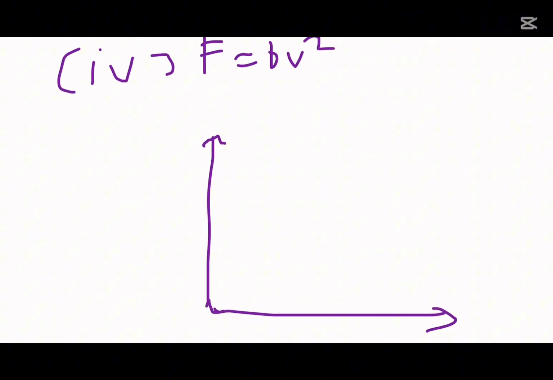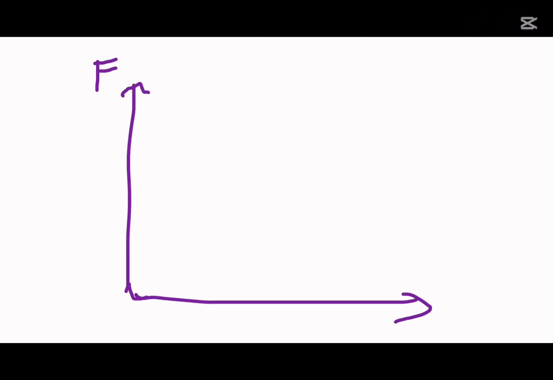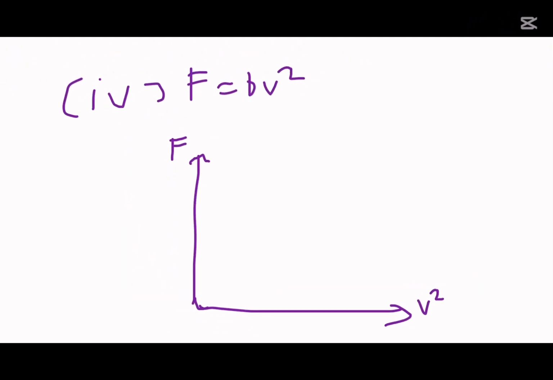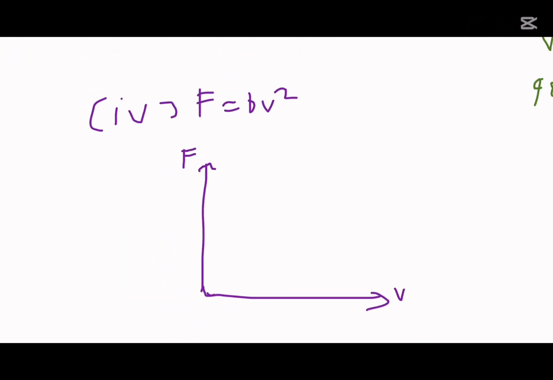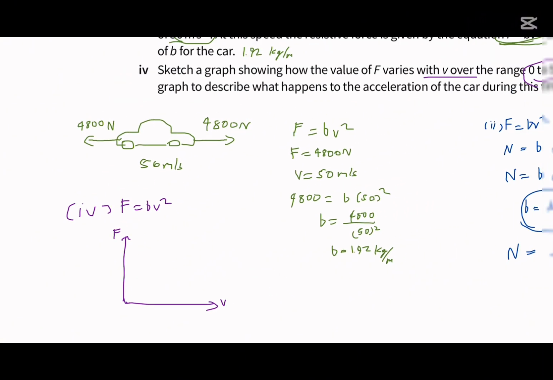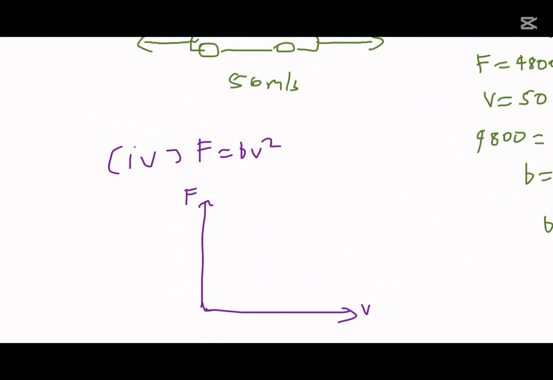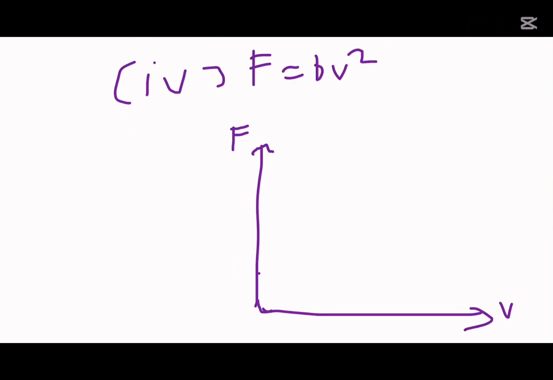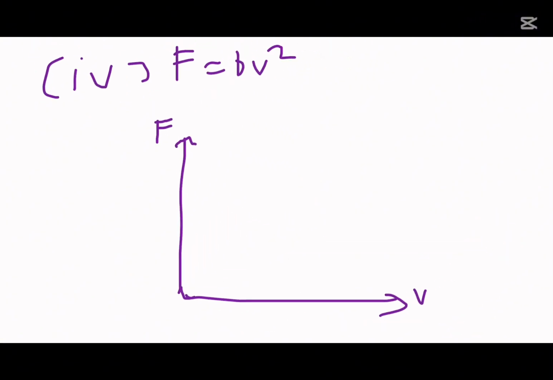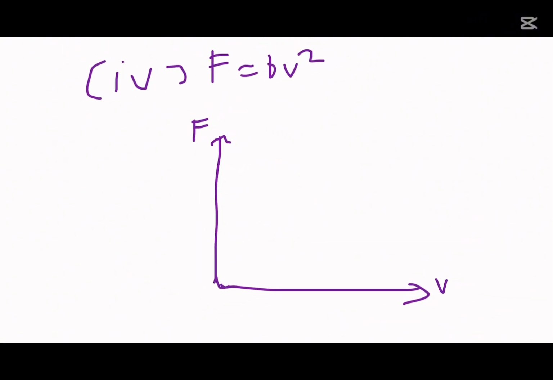The force against V squared is going to be like a quadratic curve, right? No, not like that. I forgot how the graph works for a second. Like that or something. But this is going to be the graph.